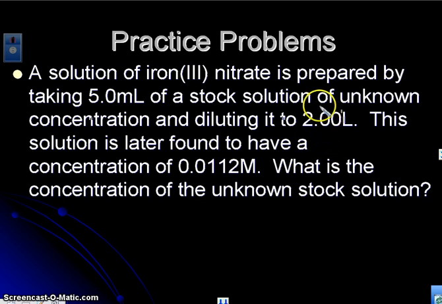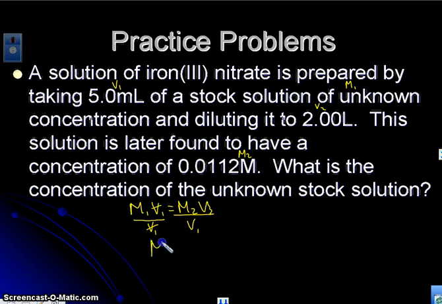So for the sake of argument, we'll call this M2 and V2, which makes the other volume V1 and the unknown concentration M1. Again, we start with our dilution equation, M1 V1 equals M2 V2. We get M1 by itself, divide by V1, those cancel. So M1 equals M2 V2 divided by V1.